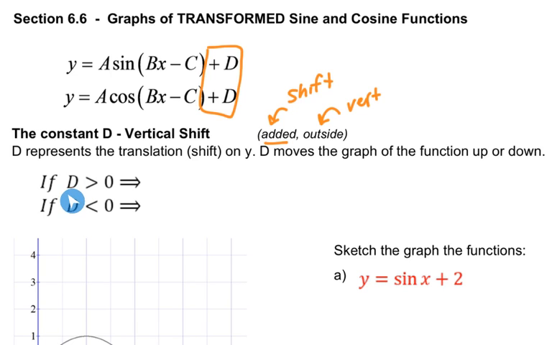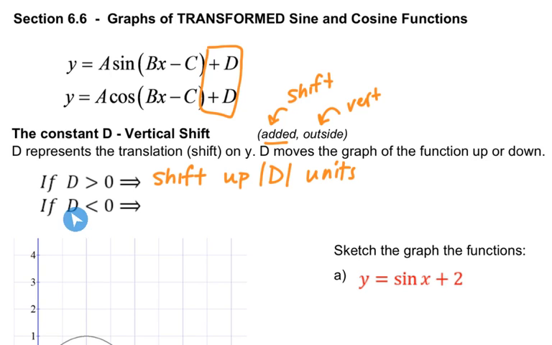So if we have a D value that's greater than 0, that lets me know I'm going to shift up |D| units. And I just use those absolute value bars because we only shift in a positive direction, or we measure things in a positive quantity.